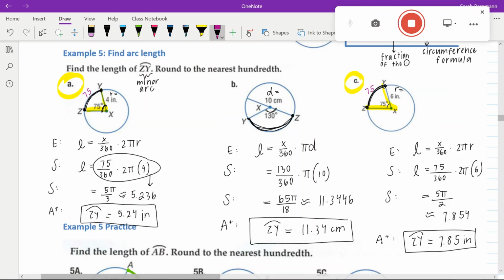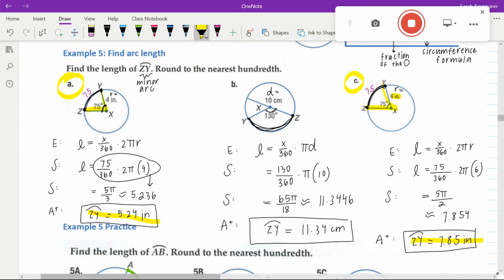However, the arc length is measured in inches, centimeters, etc. The arc lengths are different. So notice, a larger radius does affect the arc length. A larger radius creates a larger arc length. Even though they have the same measure, they have different lengths since they're in different size circles.